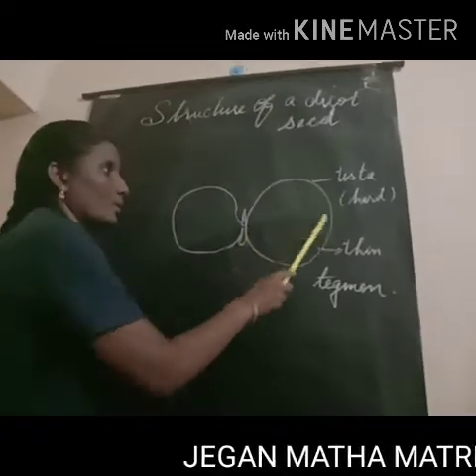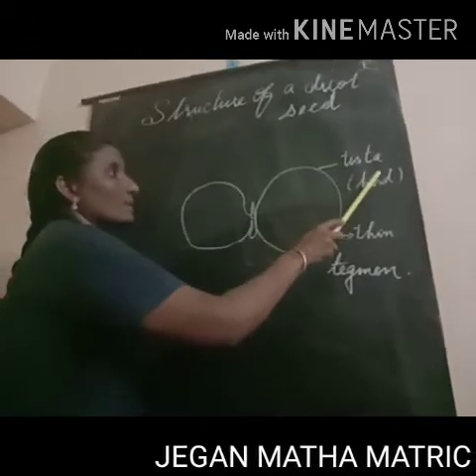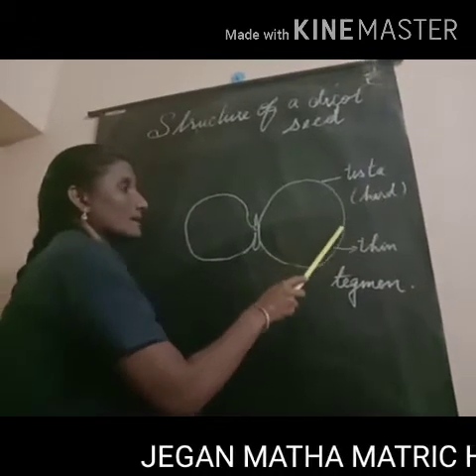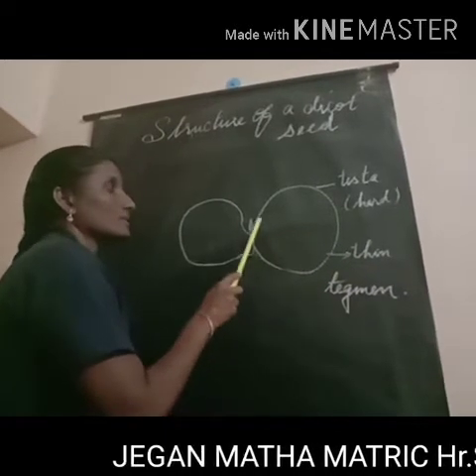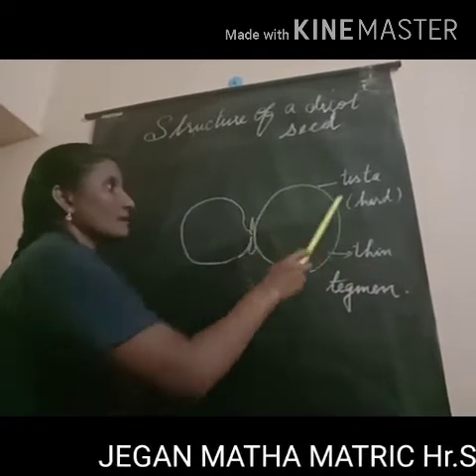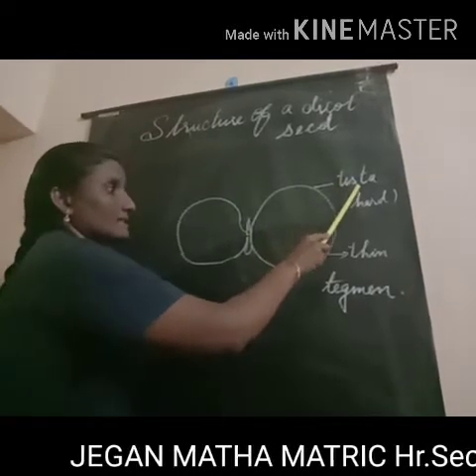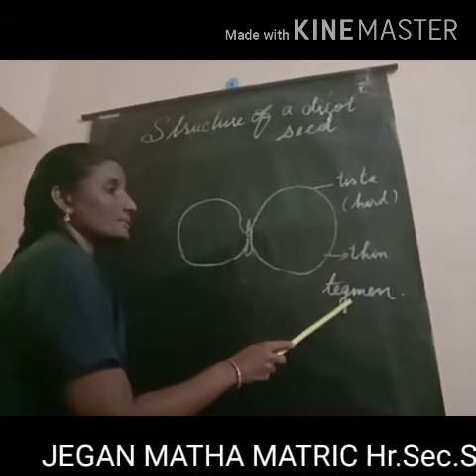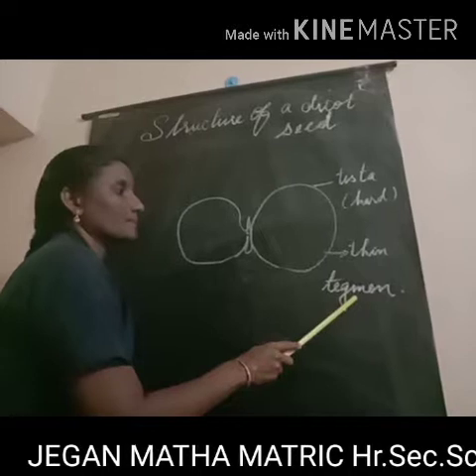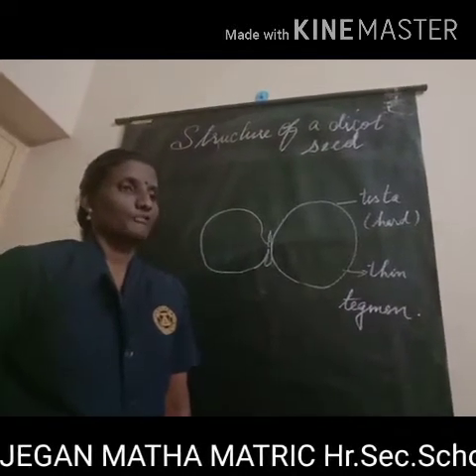The outer coat is called the testa, and it is very hard and thick. The next layer is a thin membrane called the tegmen. So the dicot seed has two layers. In the pea plant, the tegmen and testa are fused.